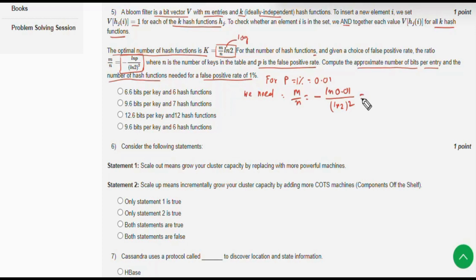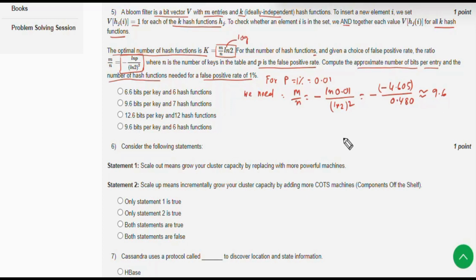Minus ln 0.01 means 4.605, by (ln 2) whole square, which means 0.480, and that is approximately 9.6.